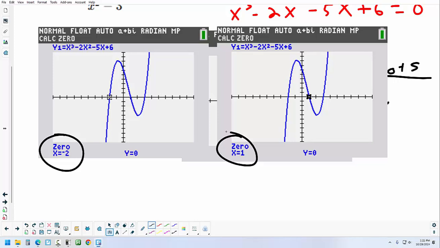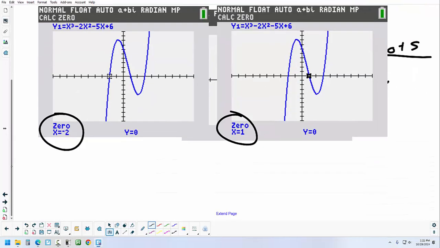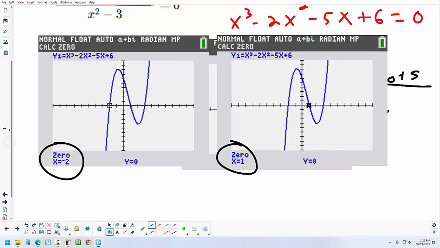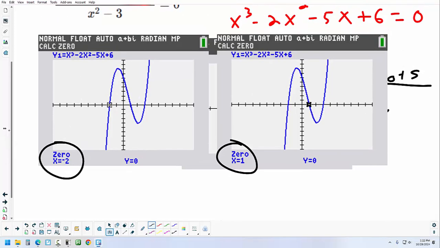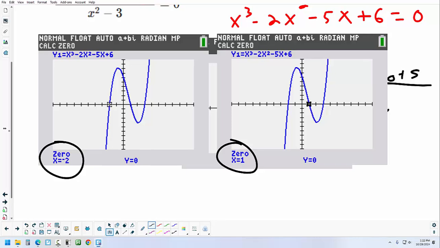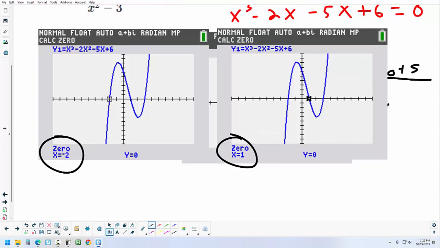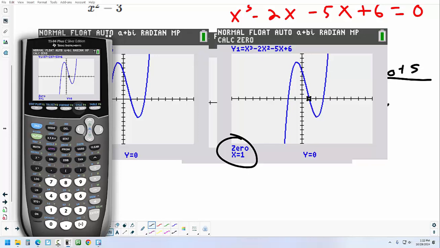And sometimes the answers come out nice, sometimes they don't. Does anybody want me to do the third one? Do you always do it left to right? You can do it in any order you want. Okay, because when I did it, it said error, and I don't know. As long as when you press 0, you have to pick a point that's to the left.